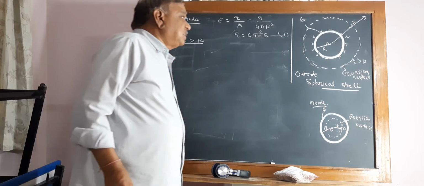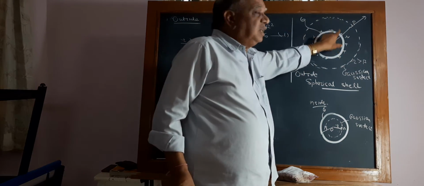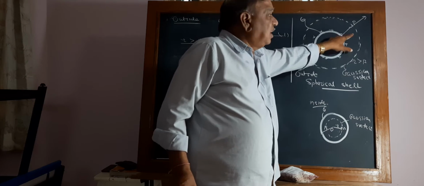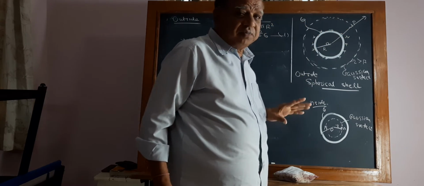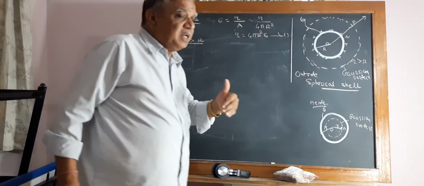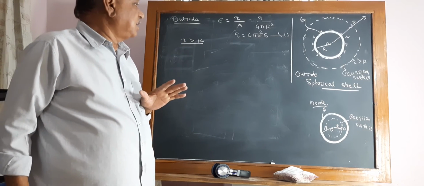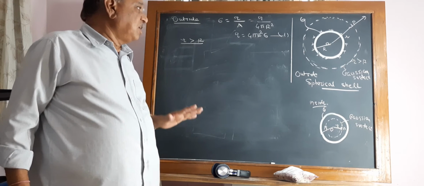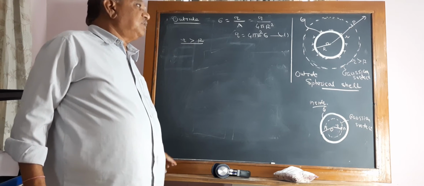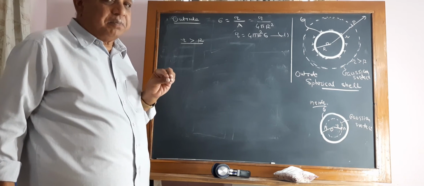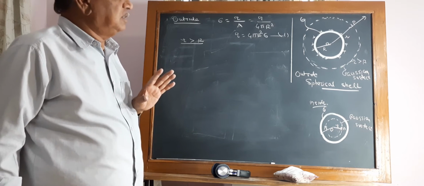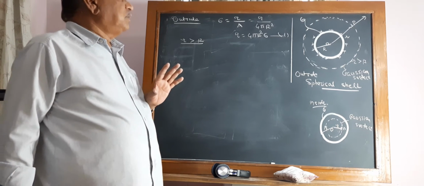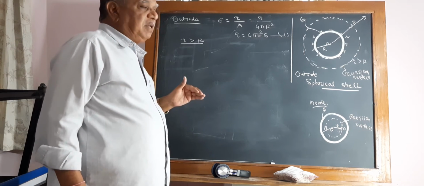Now consider this spherical surface of radius r as a Gaussian surface. Then all the points lying on the surface are equidistant from the center, so they have equal magnitude of field. But the field will be radially outward.